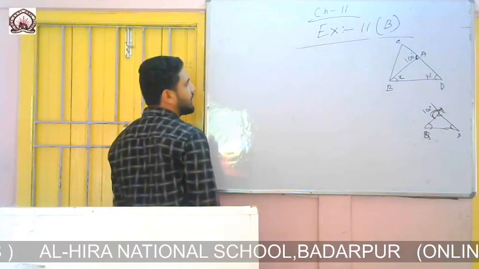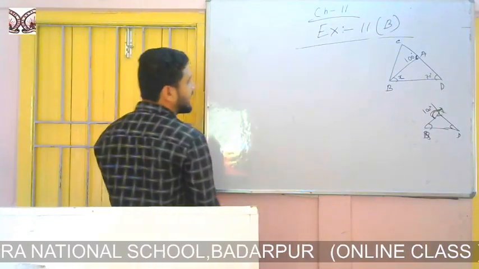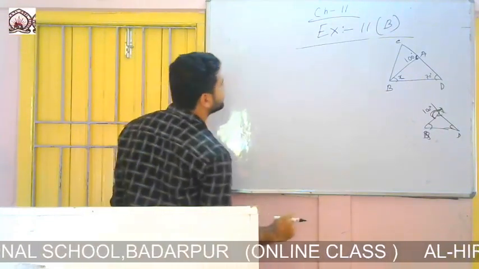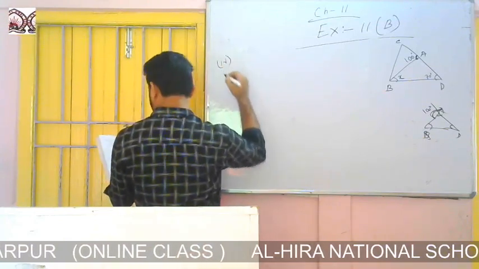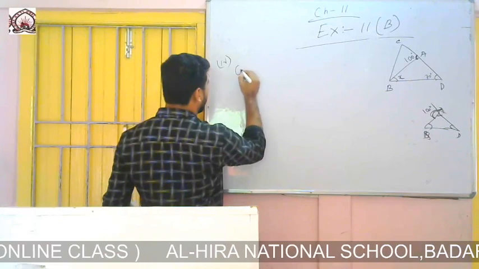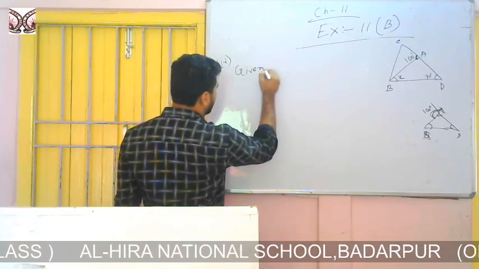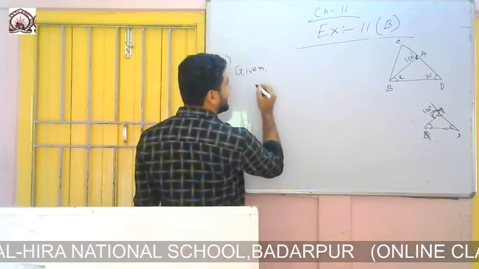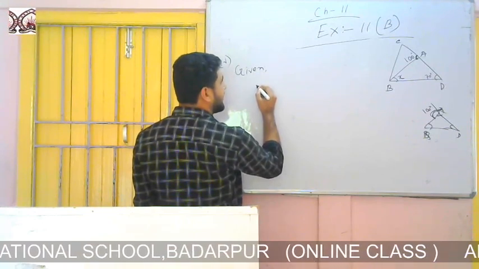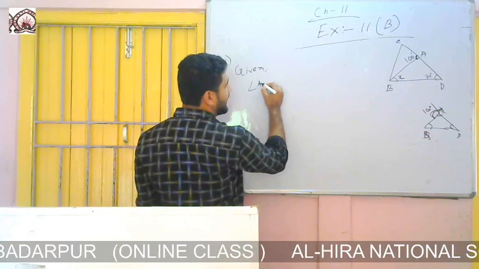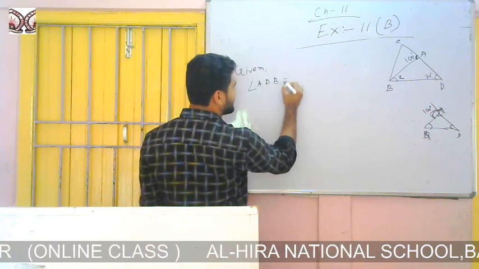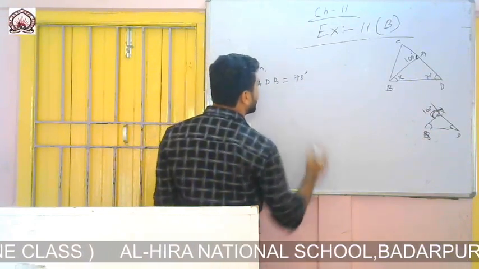Okay, so write given angle ADB equals what? 70 degrees.